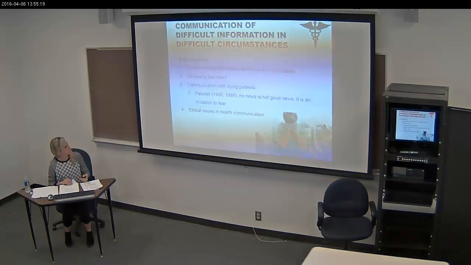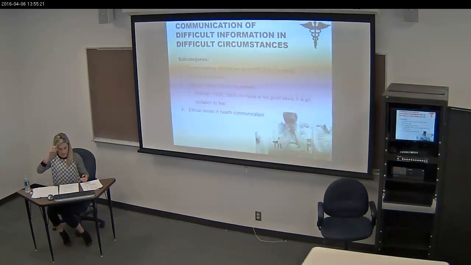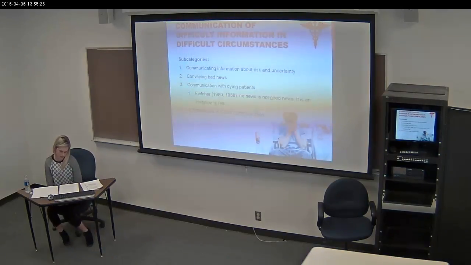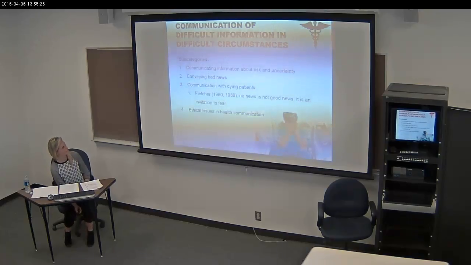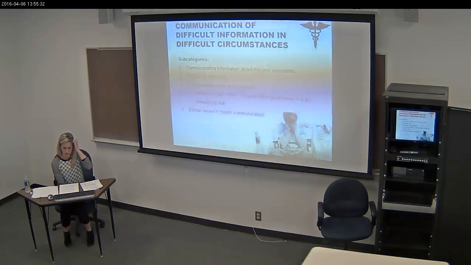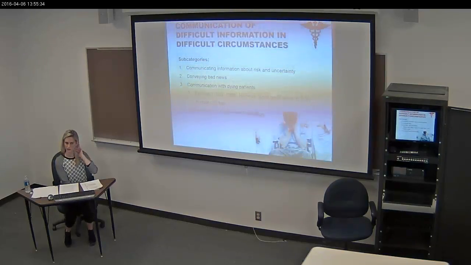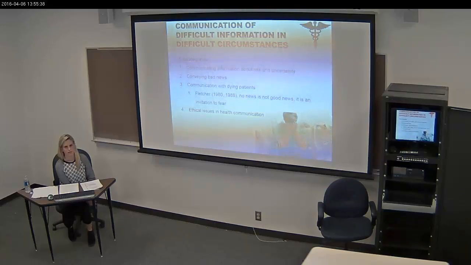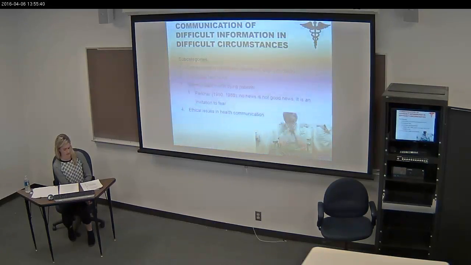So next, we're going to talk about communication of difficult information in difficult circumstances. First, we're going to talk about communicating information about risk and uncertainty. Risk and uncertainty is the bread and butter of health communication, especially when you're talking about serious illness.